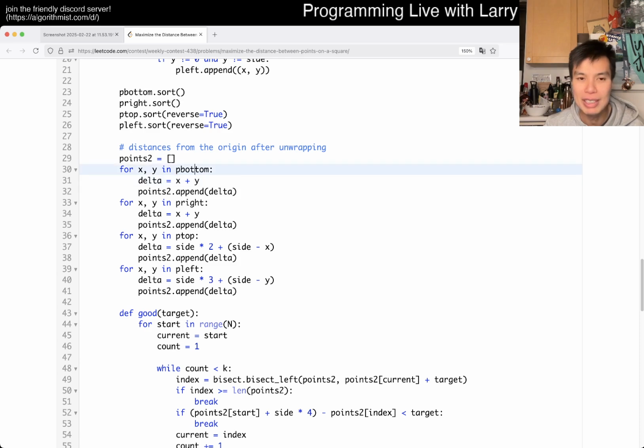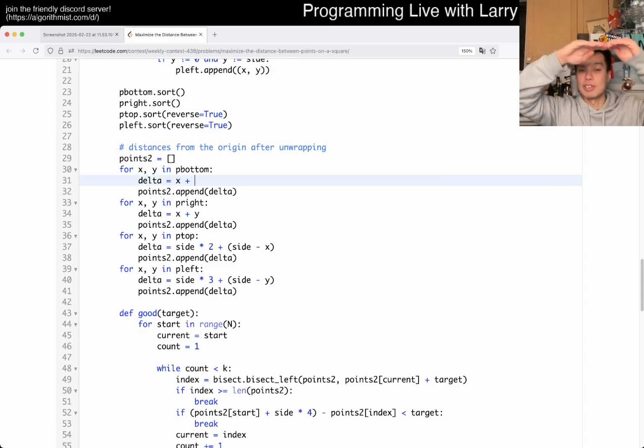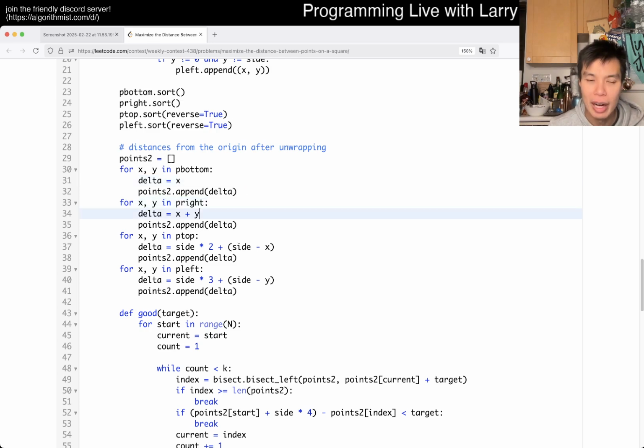The reason this looks awkward is that here I wrote x plus y, but y is always 0, because on the bottom, y is always going to be 0. So the distance is just going to be the x component, right? And then you go up to the right side. You already traversed one side, so now you go up.